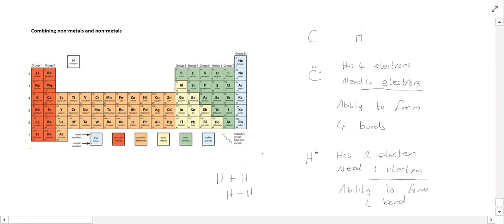So imagine this is the nucleus of one and this is the nucleus of the other. This is the orbital of one and this is the orbital of the other. Each one has 1 electron. These two electrons will share with each other, and then you'll have what's known as a covalent bond.